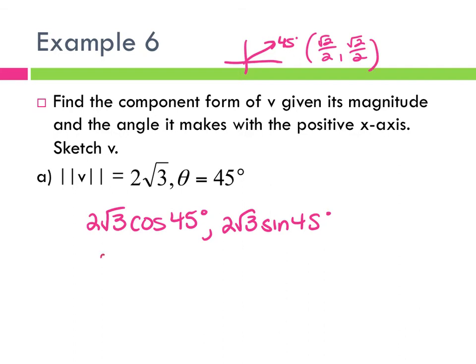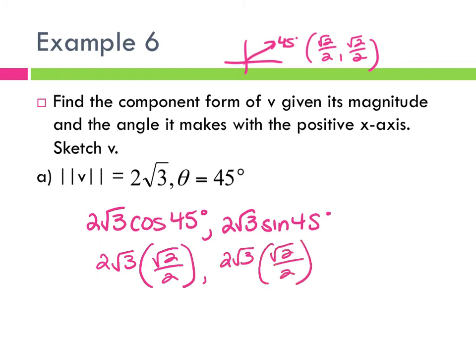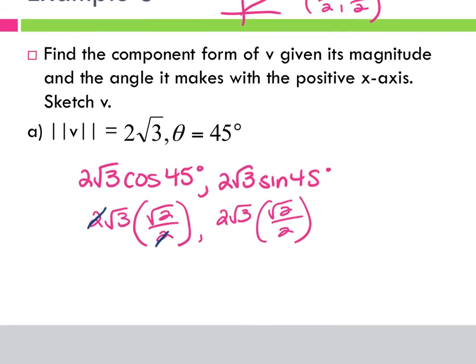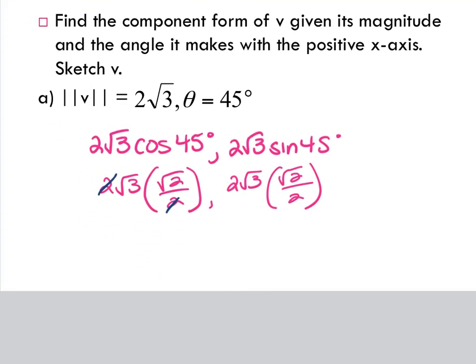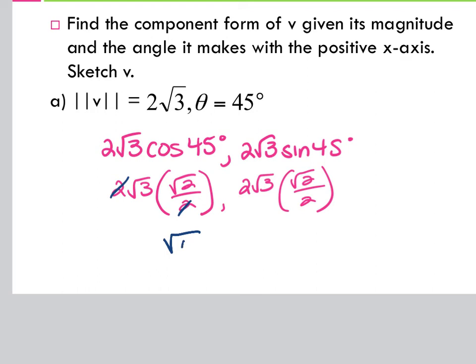So this would be 2 root 3 times root 2 over 2, comma, 2 root 3 times root 2 over 2. The 2 cancels with the 2, and I get square root 3 times square root 2, which is square root 6. The only reason they're the same is because it's 45, right?